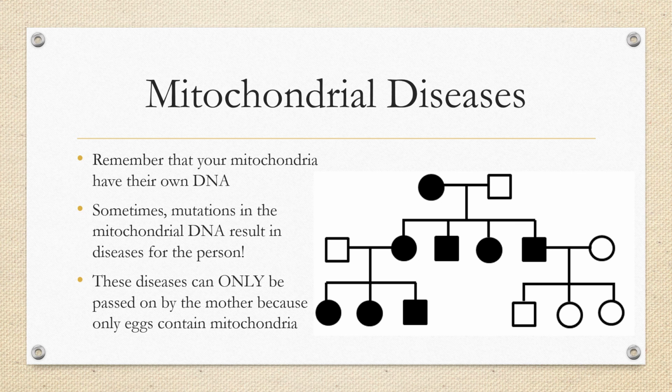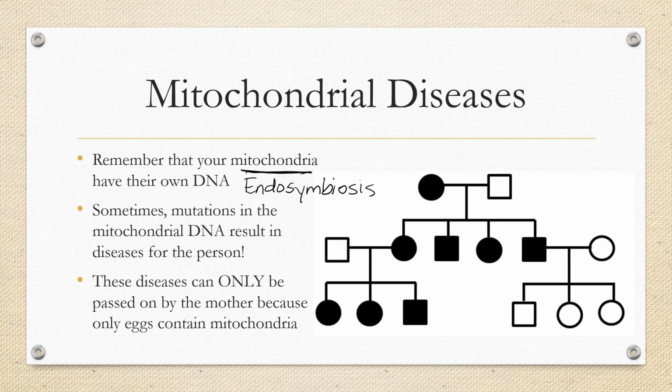And the very last one we'll talk about now are mitochondrial diseases. So going back way to the beginning of the school year, remember that mitochondria have their own DNA. It's completely separate from ours, and that's because of that theory of endosymbiosis, where we believe that our cells swallowed up these tiny prokaryotic cells that eventually we learned to live in harmony with them.